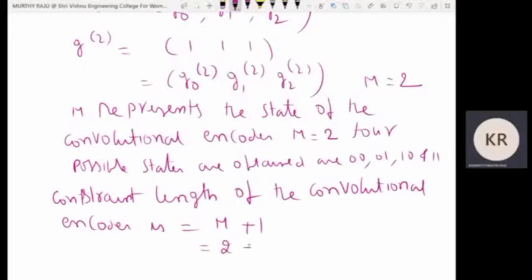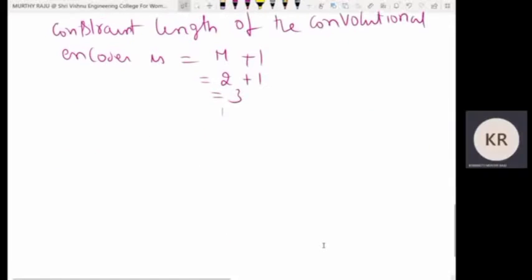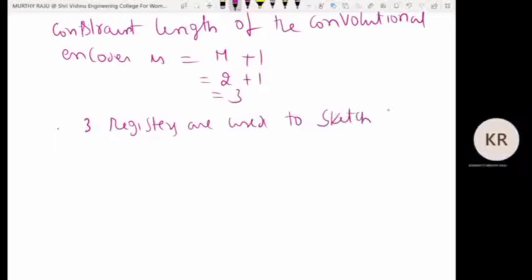That is equal to 2 plus 1, that is equal to 3. Therefore, 3 registers are used to construct the convolutional encoder.